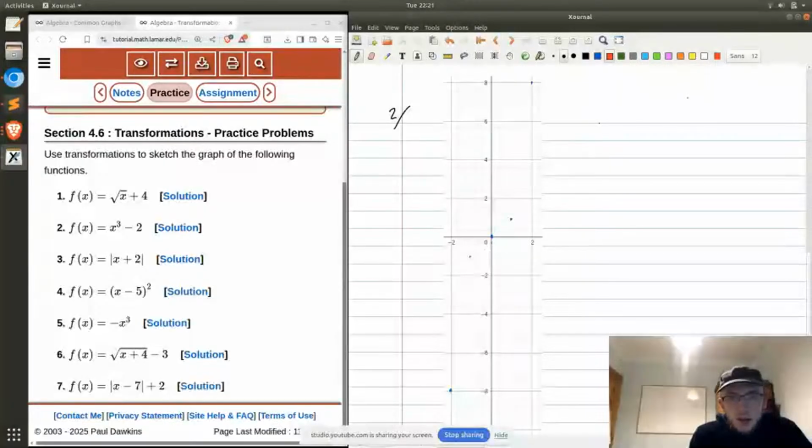So this 0, 0 will now be down here. This 1, 1 will now be down here at 1, minus 1. And this 2, 8 will be at 2, 6. This negative 1 comma negative 1 will be negative 1 comma negative 3. And off the screen a little bit, about there-ish.